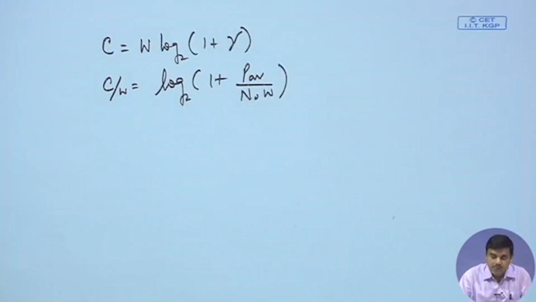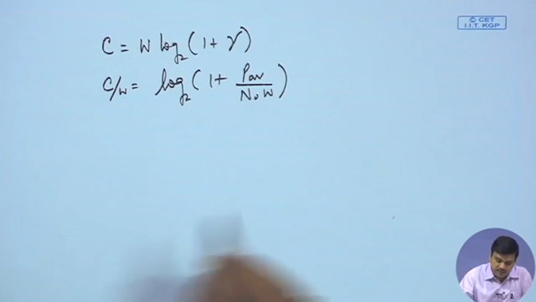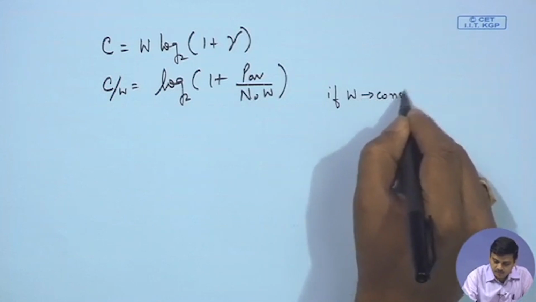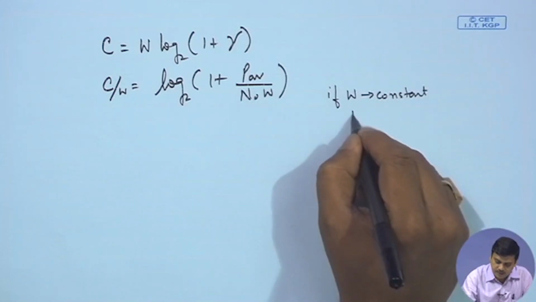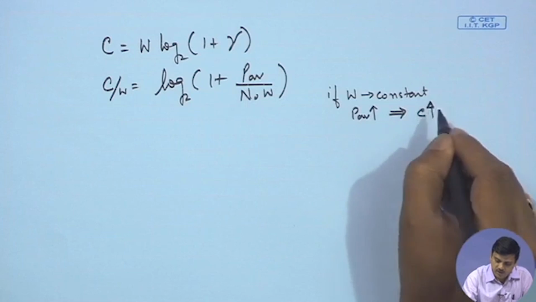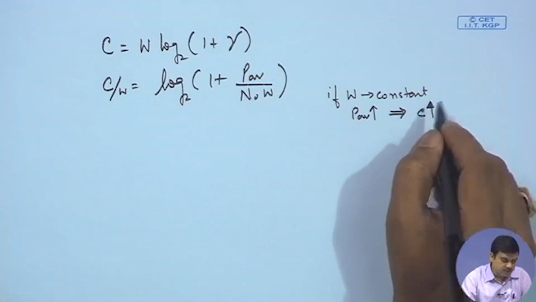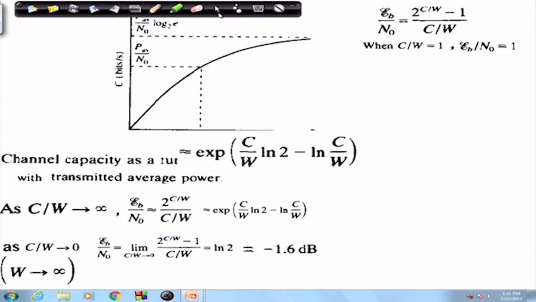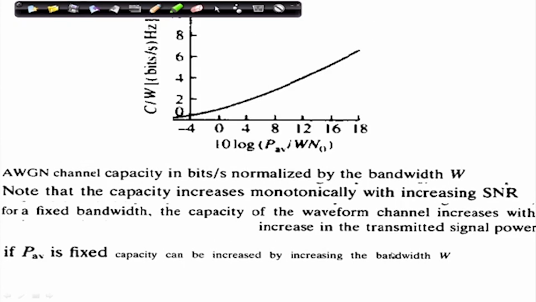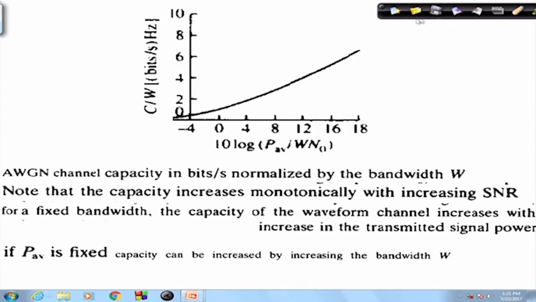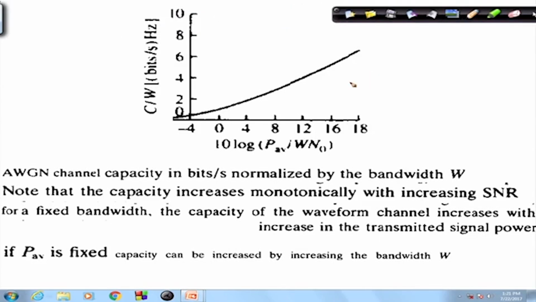Some of the important things we briefly highlighted in the previous lecture is that if W is kept constant and PAV, that means the transmit power, is increased, you could keep on indefinitely increasing C. One way of looking at the result is we will focus only on this particular curve in the figure, not on what is written elsewhere.